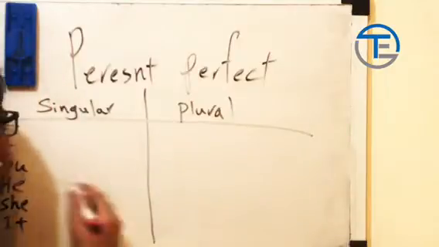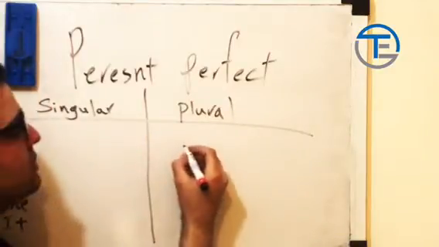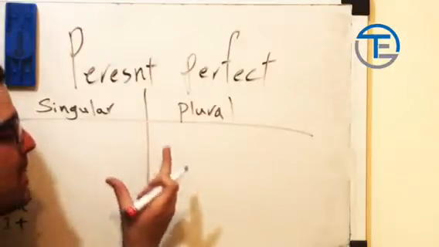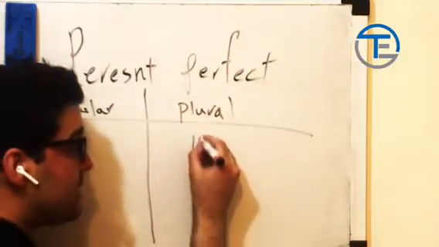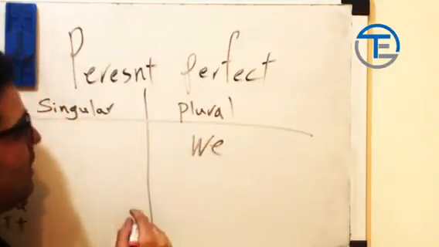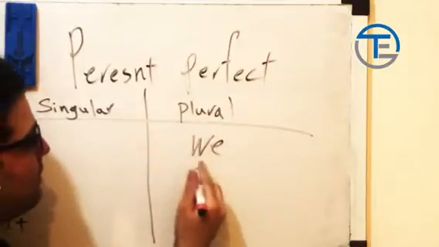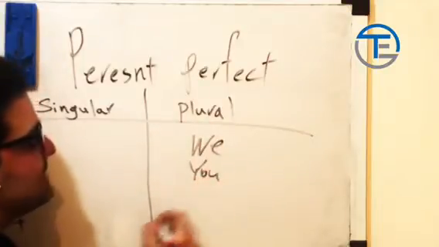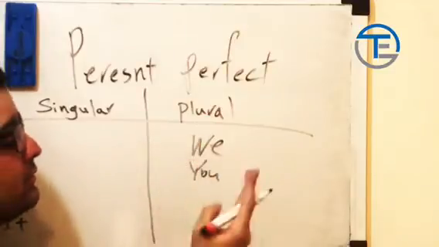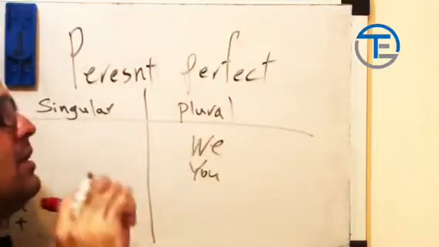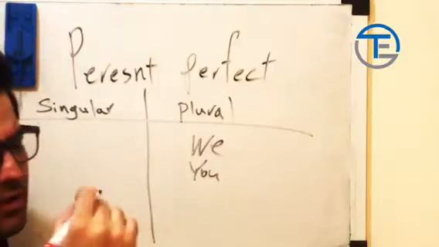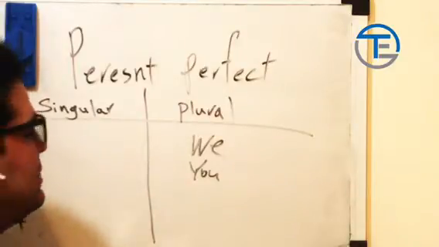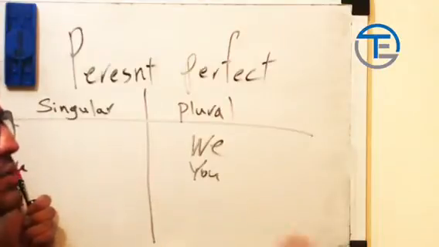Plural subjects: I and you, when you put them together, they make we. Then plural you, you can use you again as a plural when you're talking about two, three, four. For example, we have 10 students. You are students. But in singular, you is just one student.